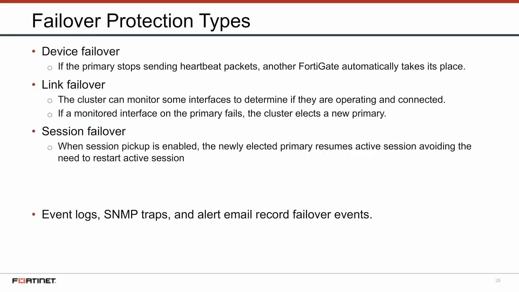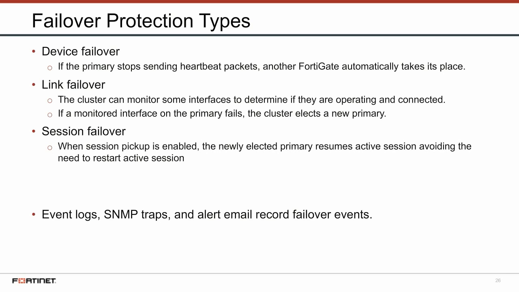The most common types of failovers are device failovers and link failovers. A device failover is basically triggered when the primary FortiGate stops sending heartbeat traffic. When this happens, the secondaries renegotiate a new primary. A link failover occurs when the link status of a monitored interface on the primary FortiGate goes down.